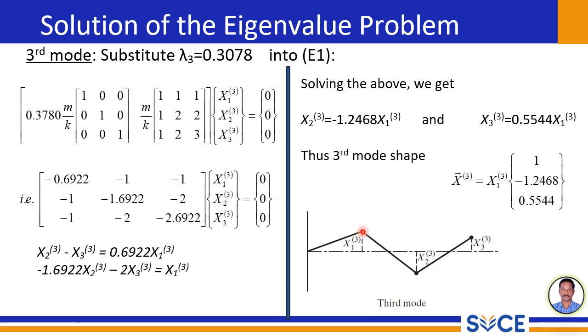Now you connect these dots, and what you get is a beautiful mode shape representing the third mode shape, which is an intricate, complex mode shape having two nodal points. What are nodal points? Nodal points are nothing but the points at which no vibration will occur.